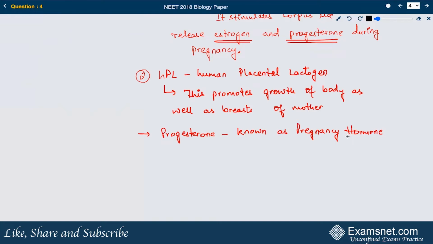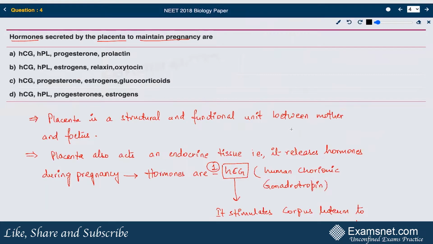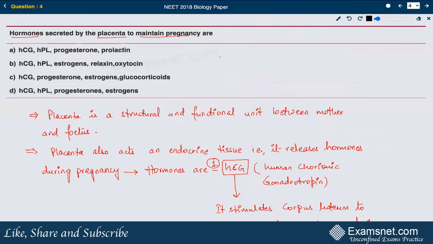All right. So let us take a look at what are the different options that have been given. So it is HCG, HPL, progesterone, and prolactin.